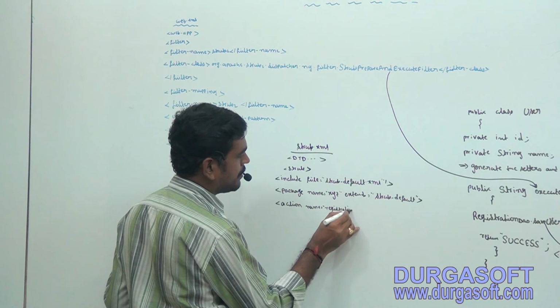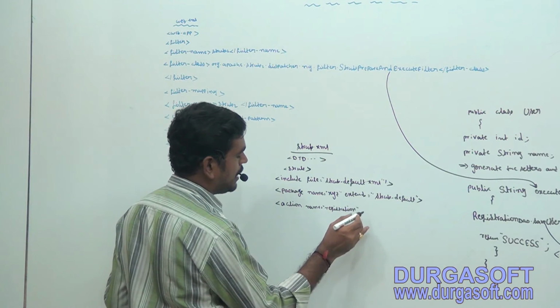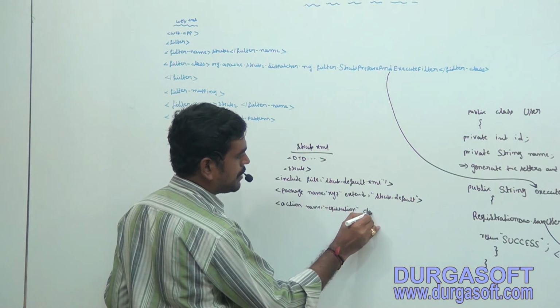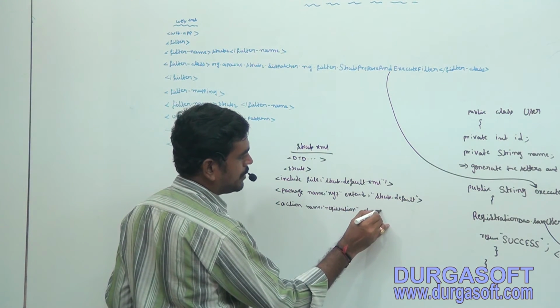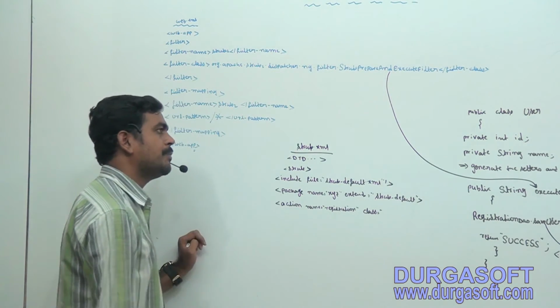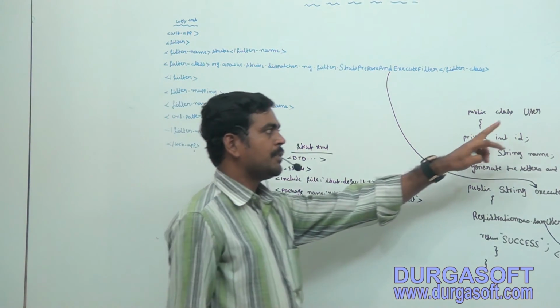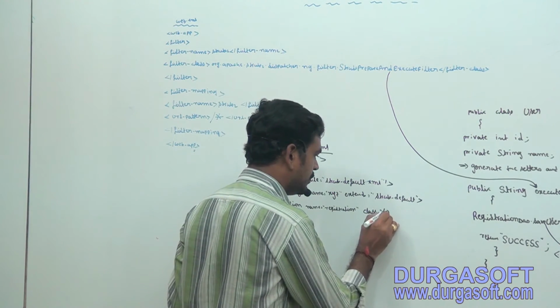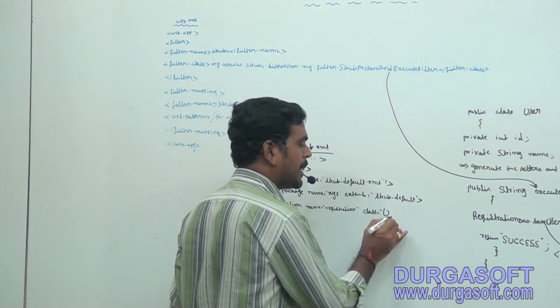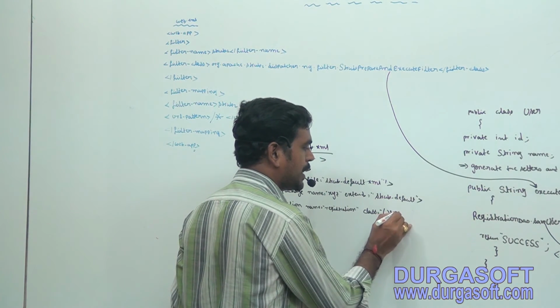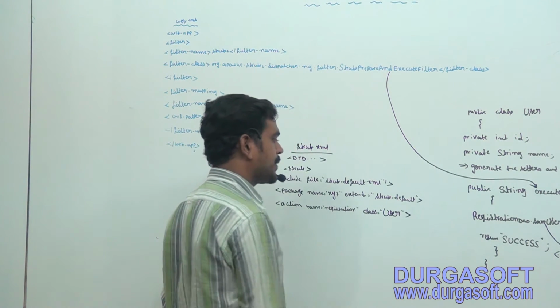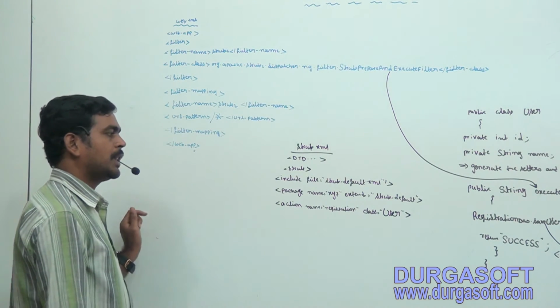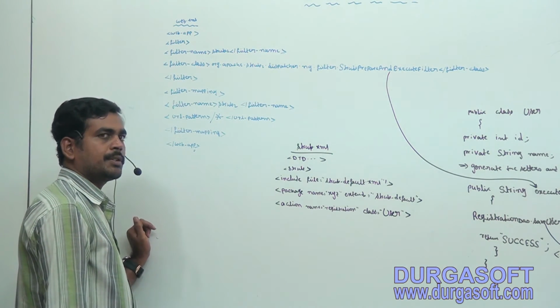That means this is the URL pattern, and class is equal to, which class can we configure here? User. We have to configure user. If a fully qualified class name is there, then we can take the complete name. Class is equal to user.